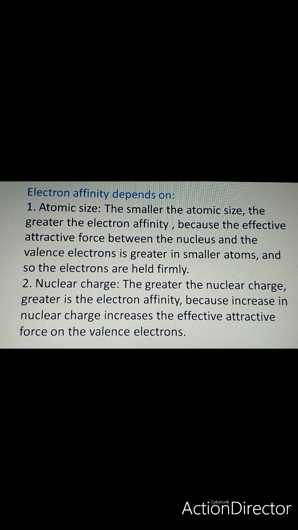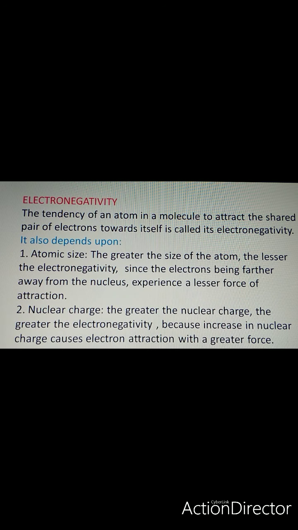Okay, then electronegativity. The tendency of an atom in a molecule to attract the shared pair of electrons towards itself is called its electronegativity. It also depends on atomic size and nuclear charge.